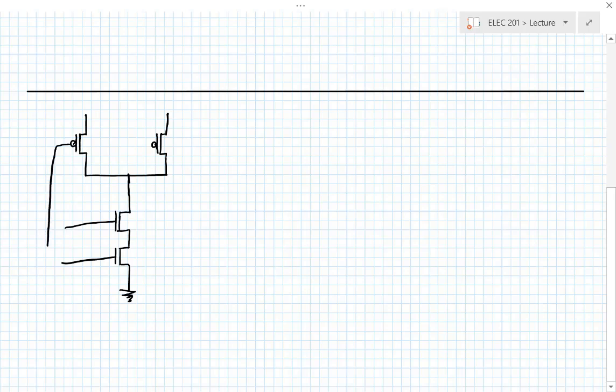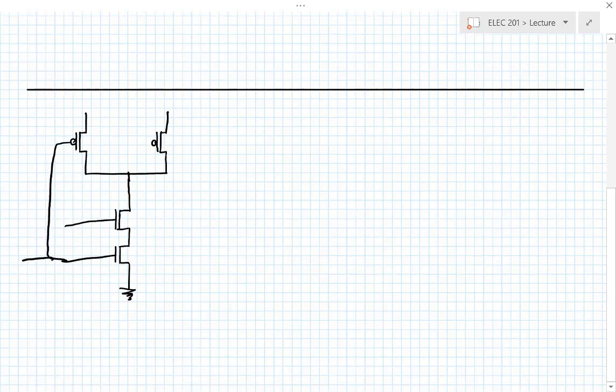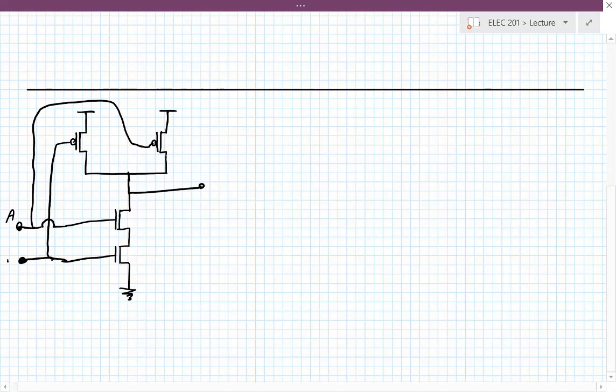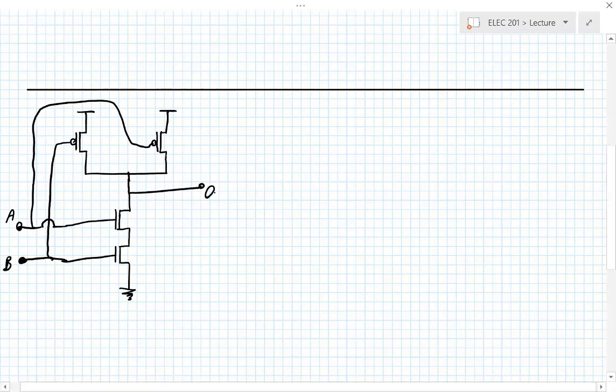So let's connect this here. So this would be one of my inputs. This would be the other input. That's also connected here, and this would be my output. Okay, so let's call this A, B, and out.